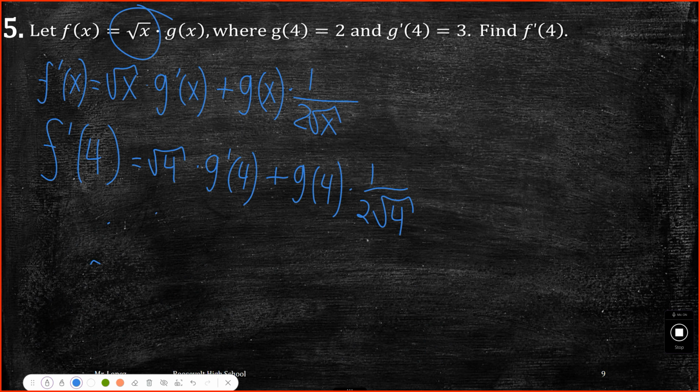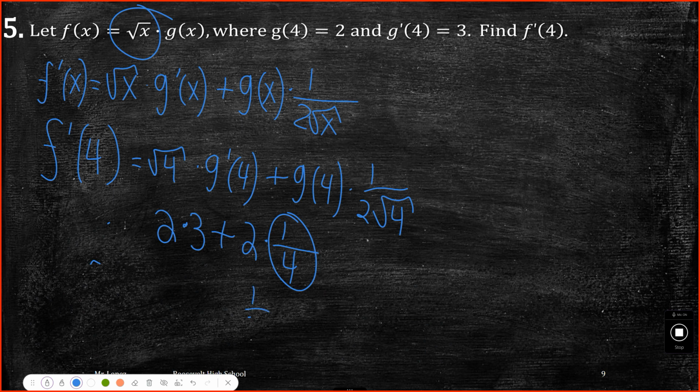Square root of x. 2 times g prime of 4, plus g of 4, 2, times 1 over square root of 4, which is 2 times 2, 4. A quarter of 2. What's a quarter of 2?